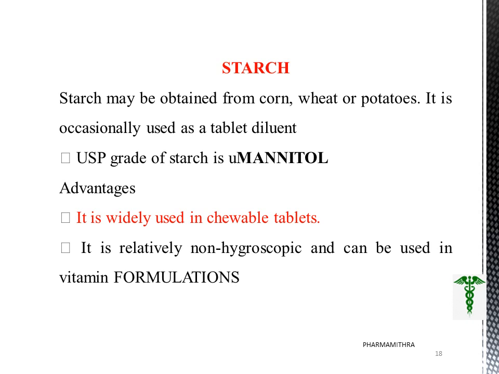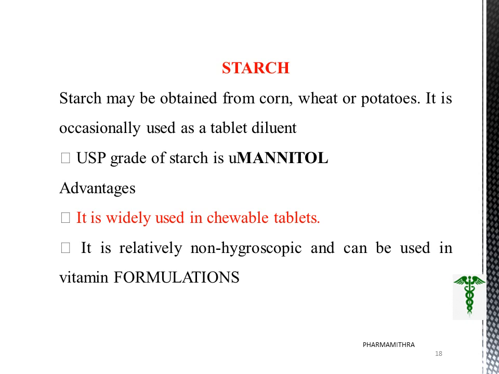Coming to the starch, we want to know what the source of starch is. It is obtained from corn, wheat or potato, and starch is also a diluent. And the USP grade is mannitol, and this is widely used in chewable tablet. What is the reason behind this?